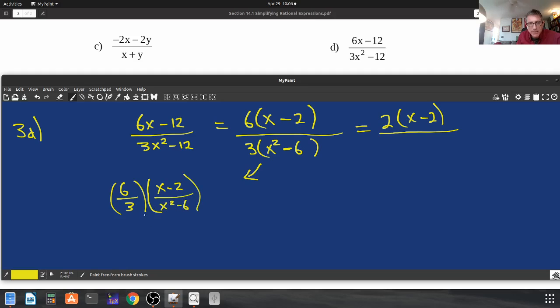So 6 divided by 3 is equal to 2, and 2 is equal to 2 over 1. So that's how I got the numerator over here. So this is just x squared minus, oh, sorry, it's supposed to be 4.